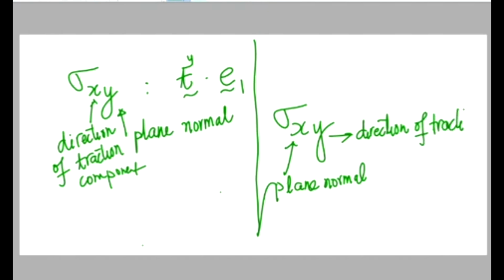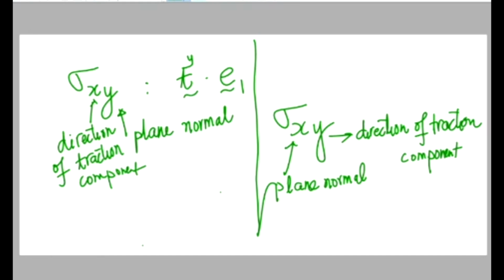Now, why did we follow a different notation than what people are doing? You see, first of all, these are two different conventions and one need not be strict about these conventions. You can choose any convention you want. Then the second thing is, we have done this using tensors. Alright?